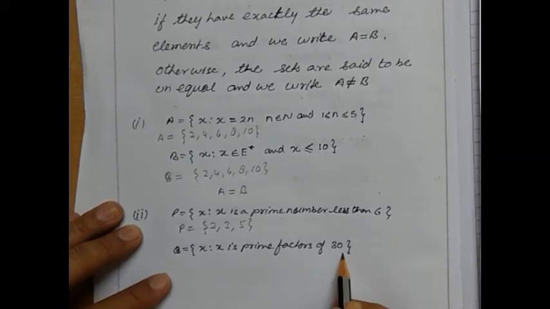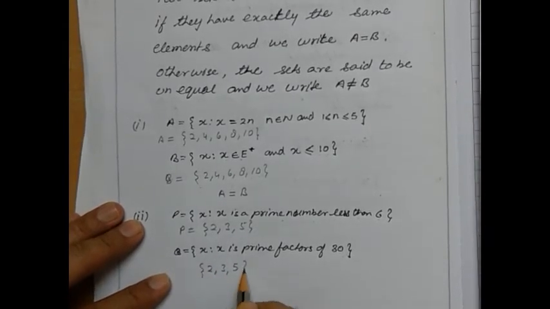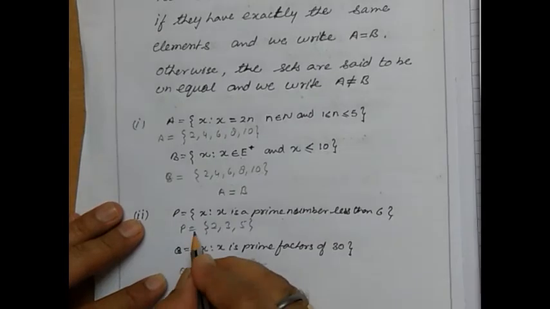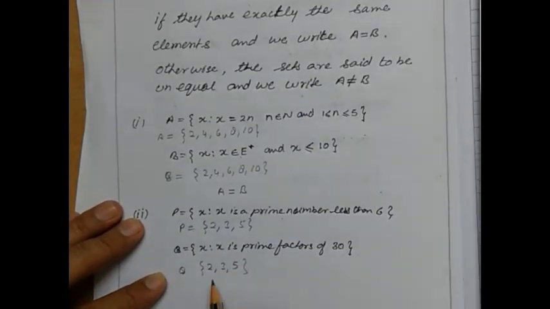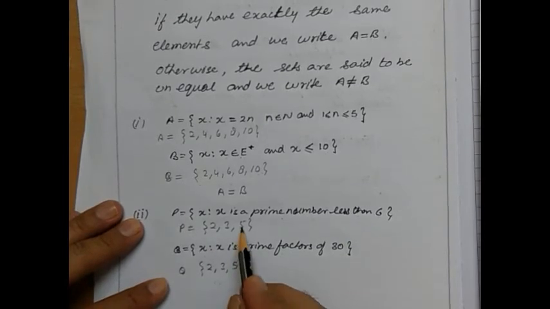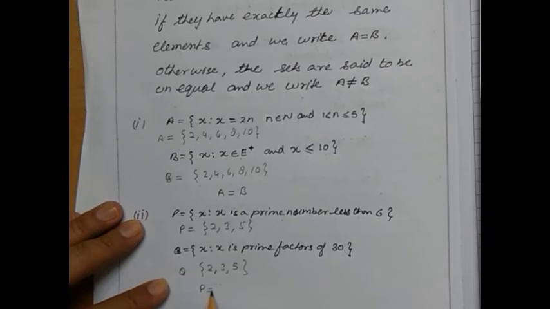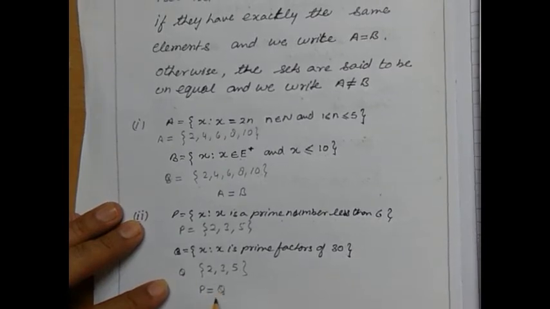So when we are talking about the prime factors of 30, we will have 2, 3 and 5. Here also we see that P and Q both have the same number of elements as well as the same elements. So here also we will write P is equal to Q.